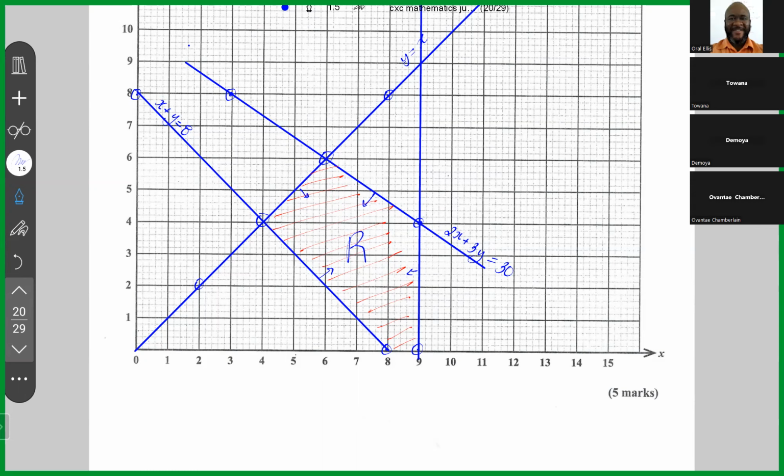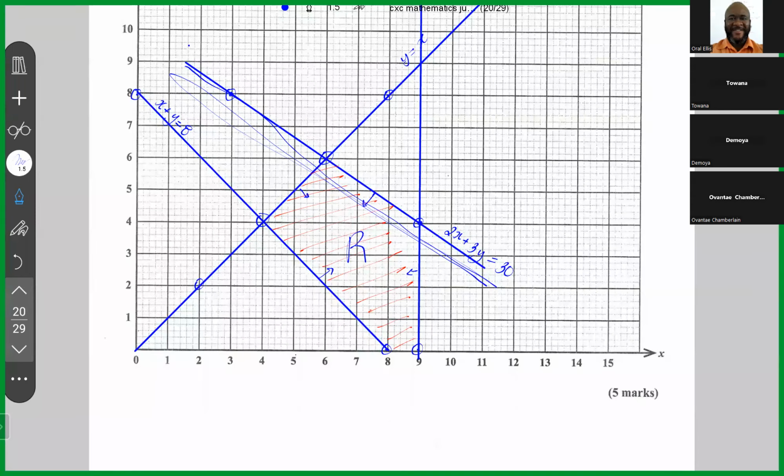Now the line that is associated with the total number of persons on the tour is this line. That line there is associated with the total number of persons that can go on this tour.